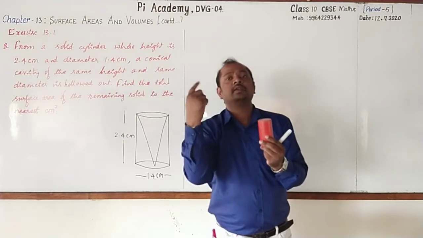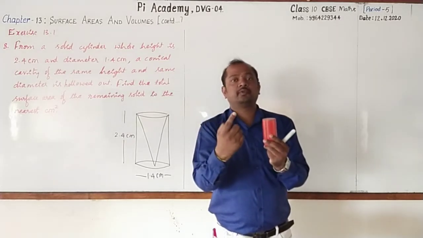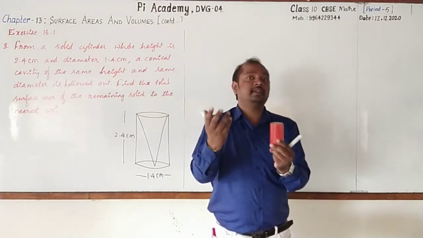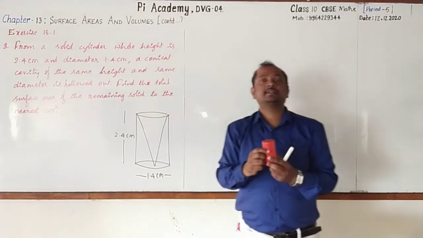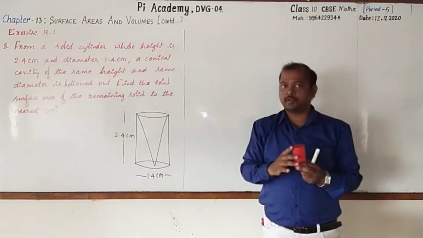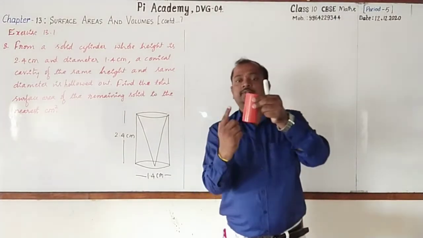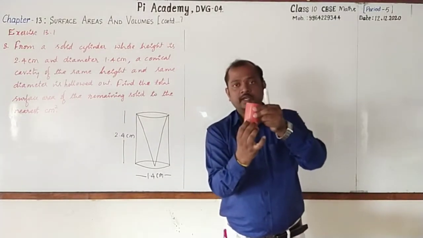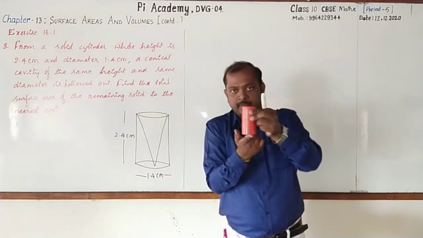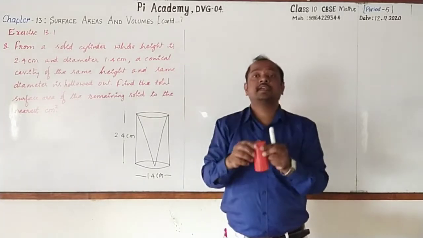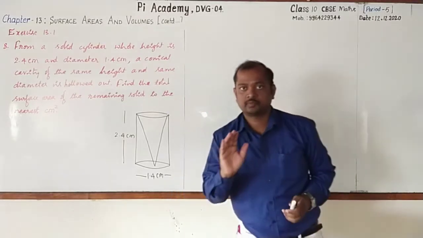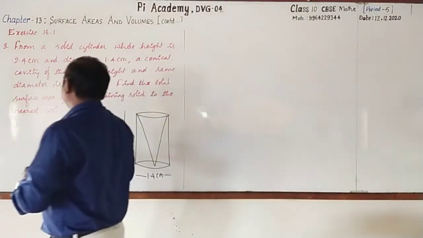Whether we consider CSA of the conical cavity or TSA? Very good, it is CSA. Followed? Once I tell you, the total area is CSA of the cylinder plus area of the base plus CSA of the cone. Got it? So here I will write the data.